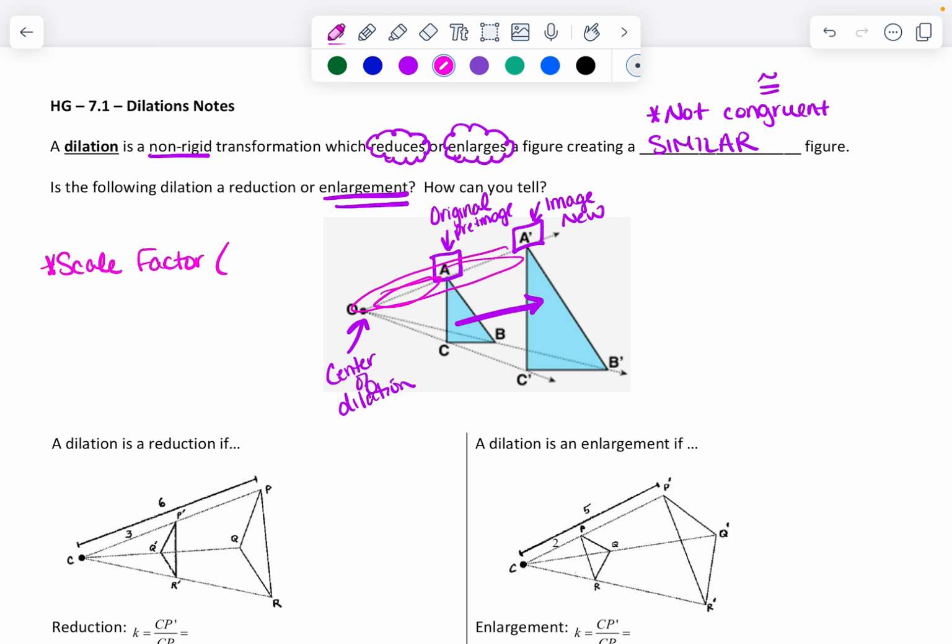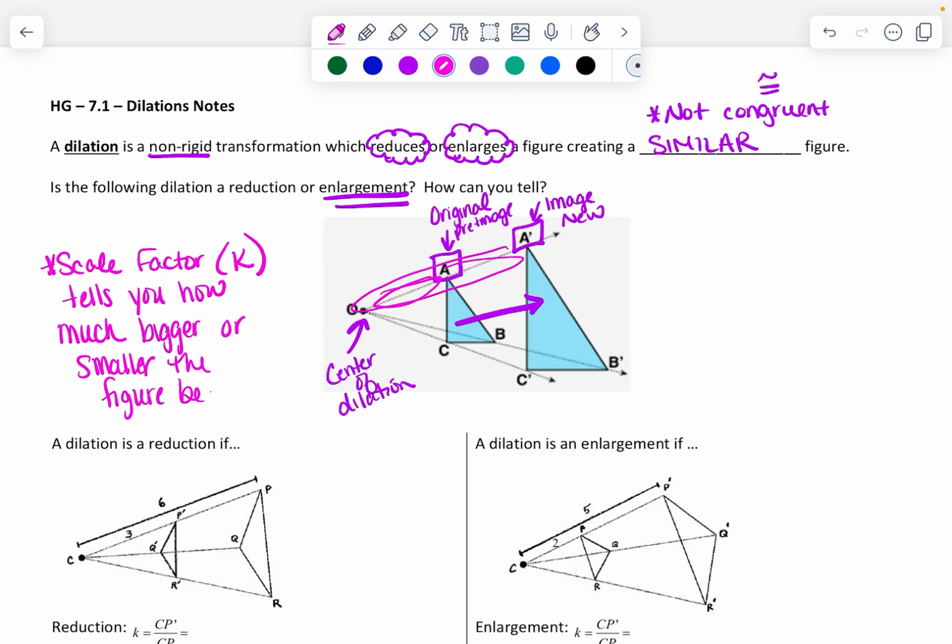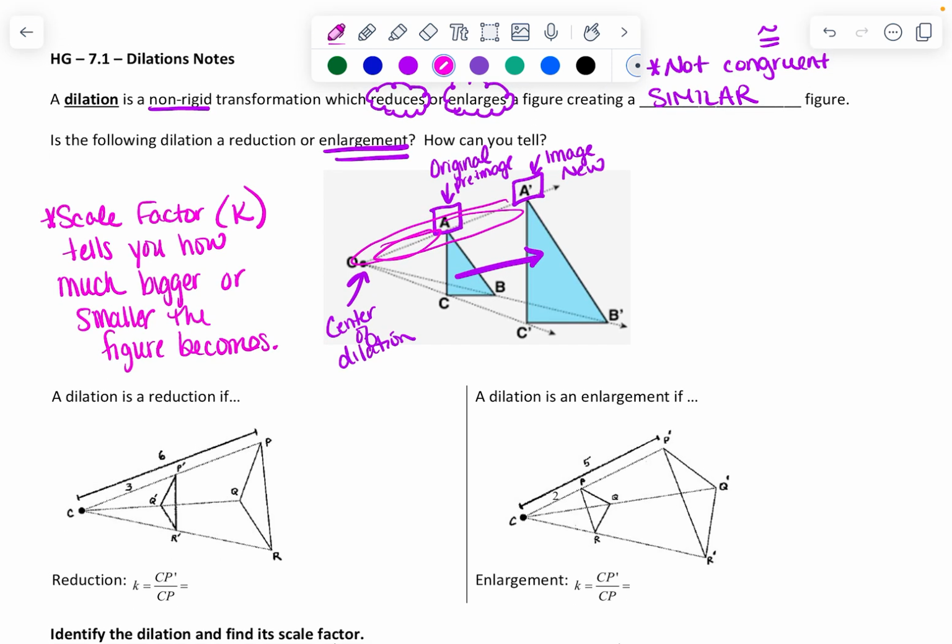The symbol or variable for that is K. The scale factor tells you how much bigger or smaller the figure becomes, and that scale factor is also going to indicate whether it is a reduction or an enlargement.